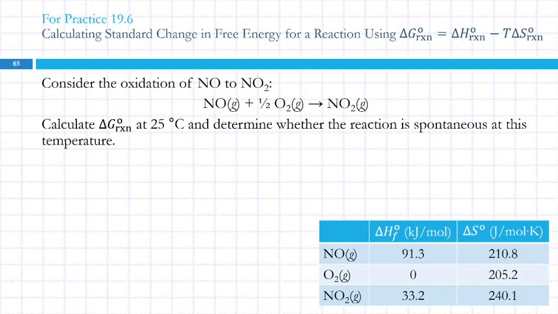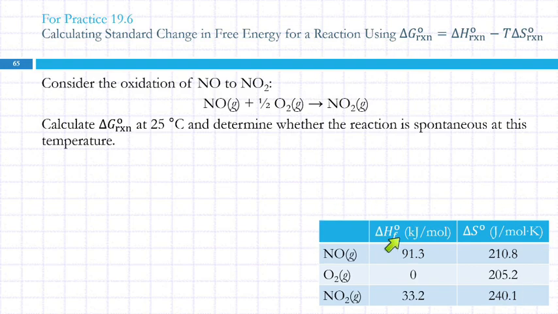Okay, consider the oxidation of NO to NO2. Calculate delta G at 25 degrees Celsius and determine whether the reaction is spontaneous at this temperature. The title of this exercise says we're supposed to calculate that using delta G equals delta H minus T delta S. So what that means is we need to find out what delta H is for this reaction. We are conveniently given the information that we needed.